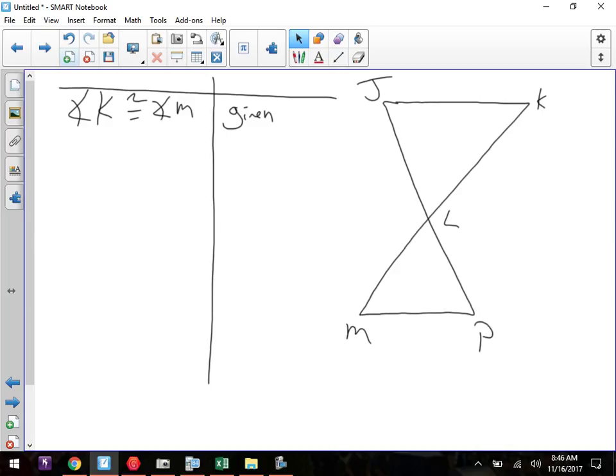So we have our angle K and angle M congruent, so we mark them. L is the midpoint of KM.